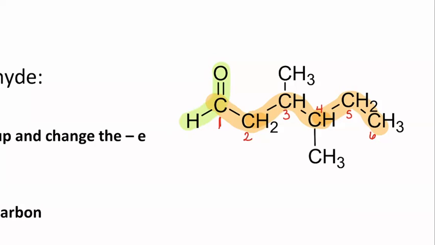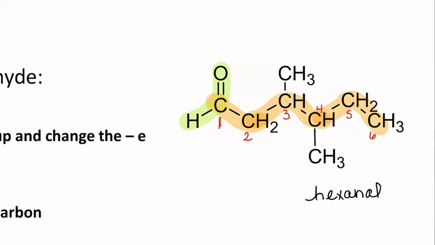Excellent job, you guys, in the chat. Hexanal. Now, because in aldehydes we know that carbon number 1 is always going to be the carbon in the CHO group, we don't need to put 1-hexanal. For any aldehyde, you don't have to put one and then the parent chain, okay?